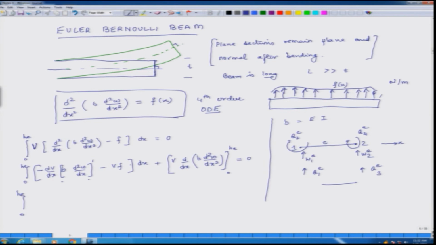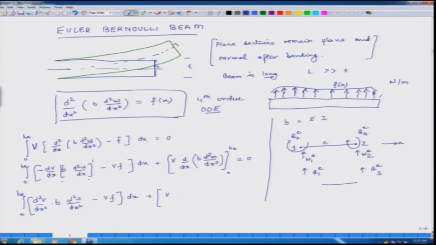Now I get the integral of d2V over dx square times B times d2W over dx square minus V f, and then the boundary terms now have two parts.